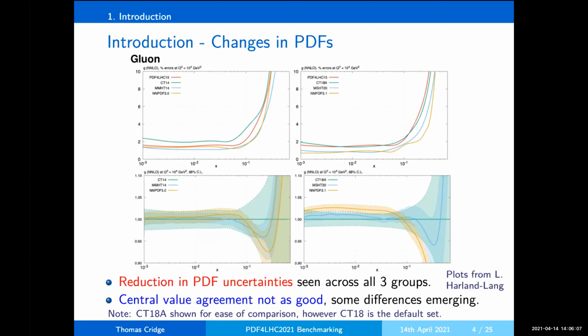So again, I always like to say that the path to precision PDFs goes through the data. Sometimes the data doesn't allow you to take the most direct path to get the greatest precision for the PDFs. And this appears to be one of those cases.